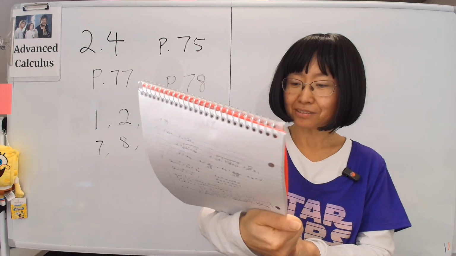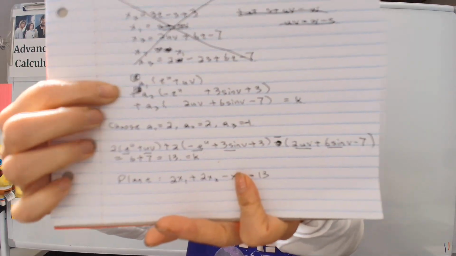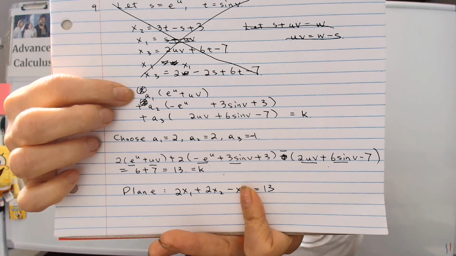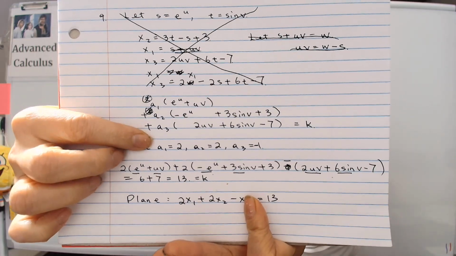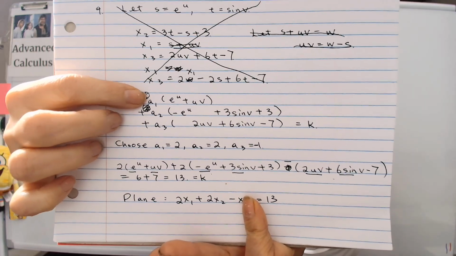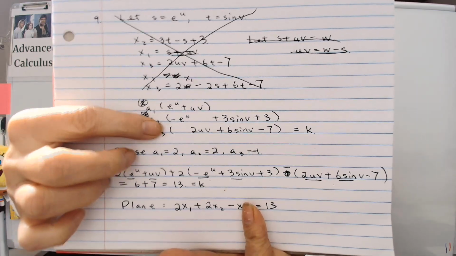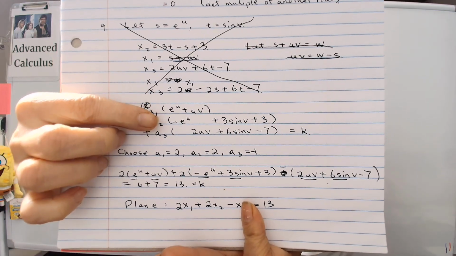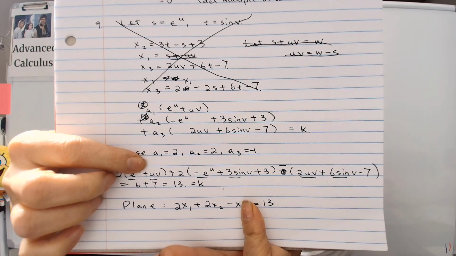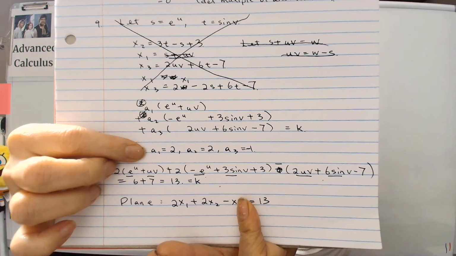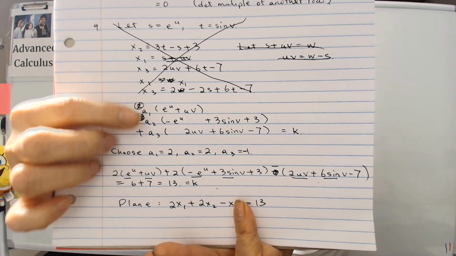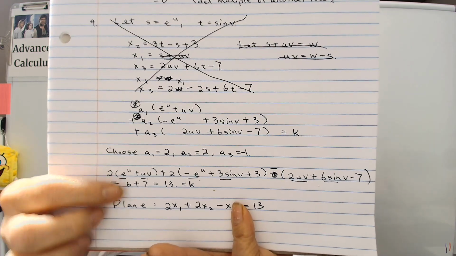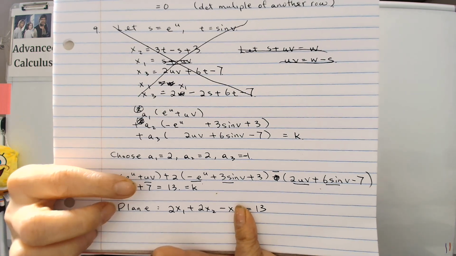So I wrote down these different components, and I was staring at it, and I thought if we multiply it by some number, then it will get rid of all the weird looking parts. To get rid of e^u and e^-u, I decided to choose A1 equal to 2, A2 also equal to 2, and then A3 equal to -1. And with that, I was able to cancel out every last thing.